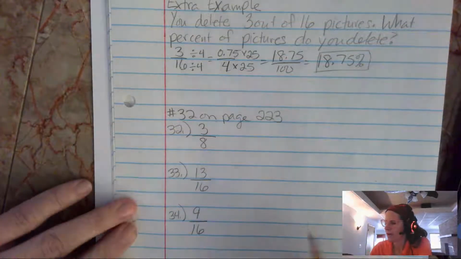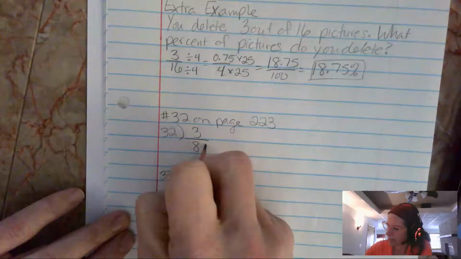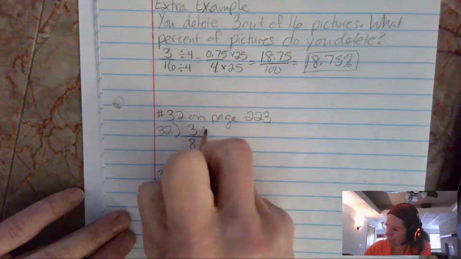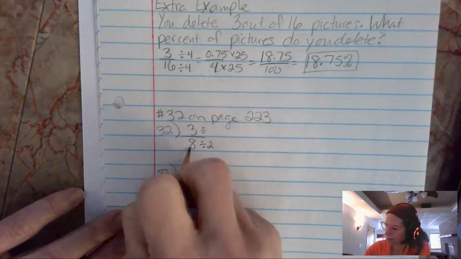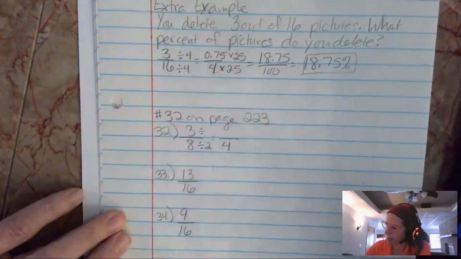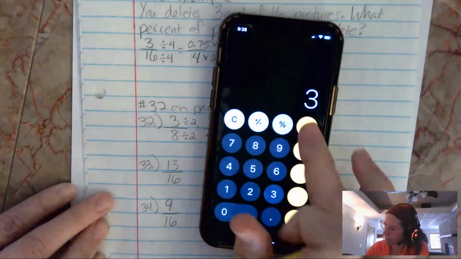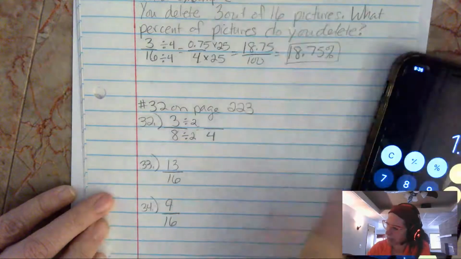Okay. So what I can do is I can break this down and convert that 8 into a 4. And then if I divide my denominator by 2, I divide my numerator by 2. 3 divided by 2 is 1.5.